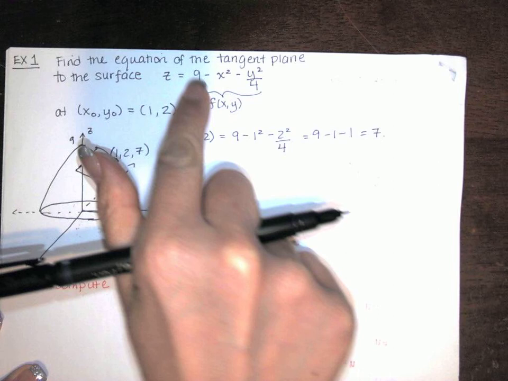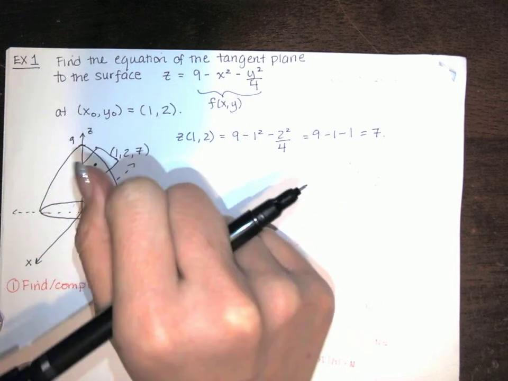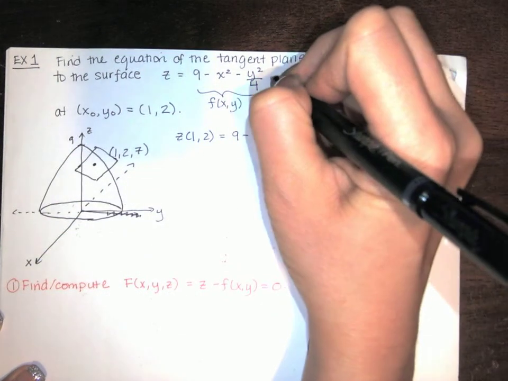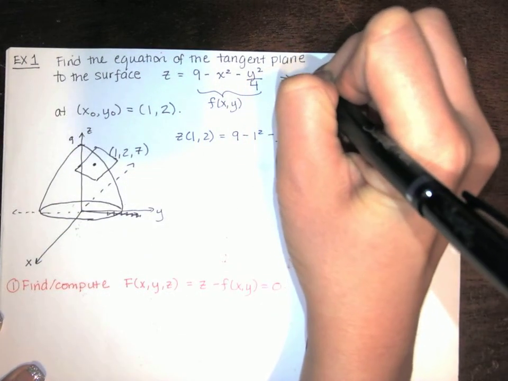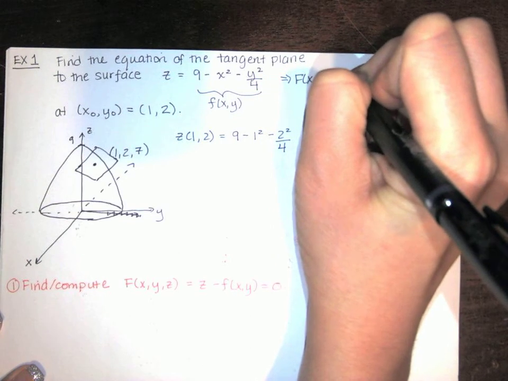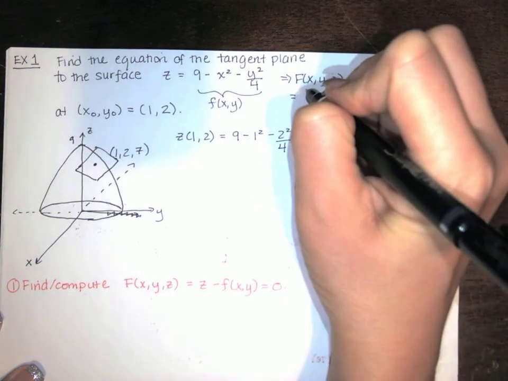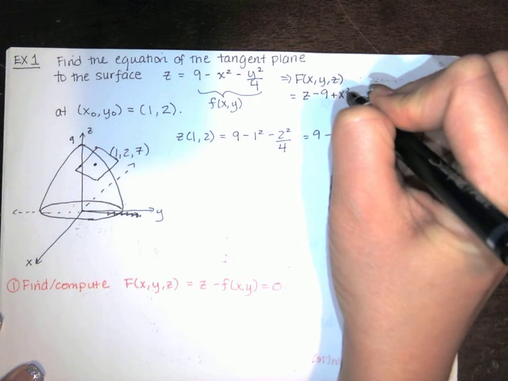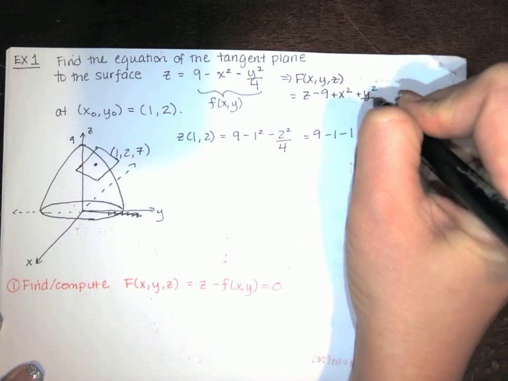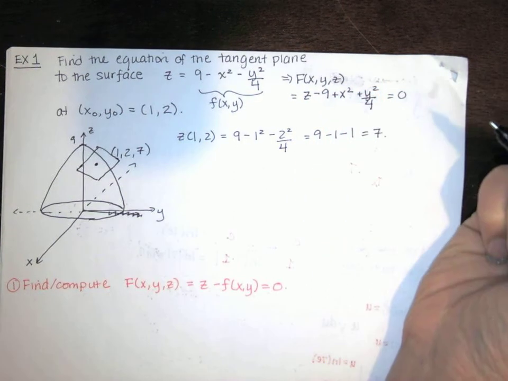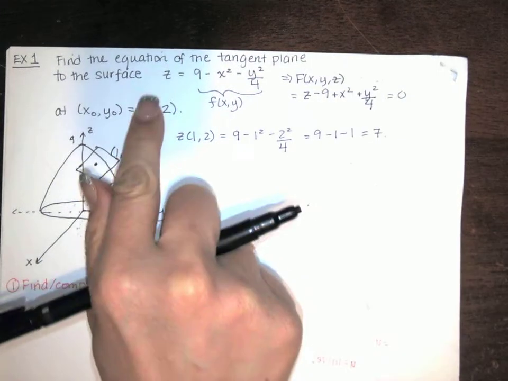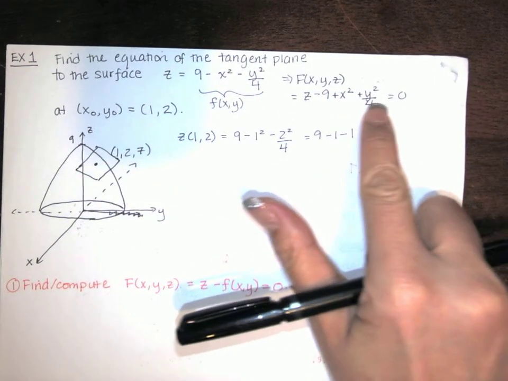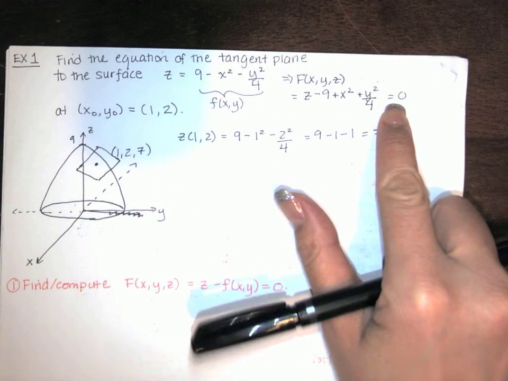Okay, so here is my function of 2 variables, little f of x, y. I'm just going to subtract this from both sides to get one side set equal to 0. So we'll have z minus 9 plus x squared plus y squared over 4 equals 0. So instead of representing our surface this way, we're representing our surface this way.